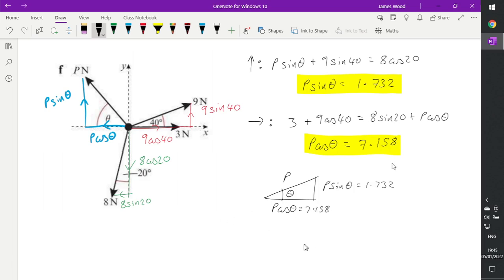And then I can use some trigonometry to solve it. So P, I can use Pythagoras. We can find out what that is. So it's 7.36.